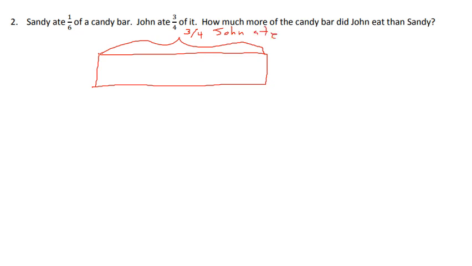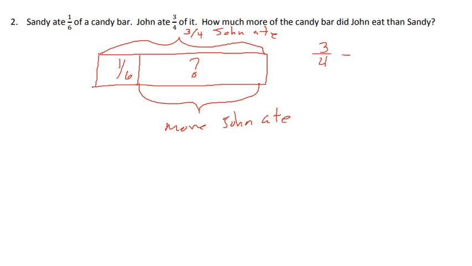And it says Sandy ate 1/6 of a candy bar. And they're wanting to know how much more did John eat. So that's telling us we're going to subtract 3/4 minus 1/6, and that should give us what John ate.